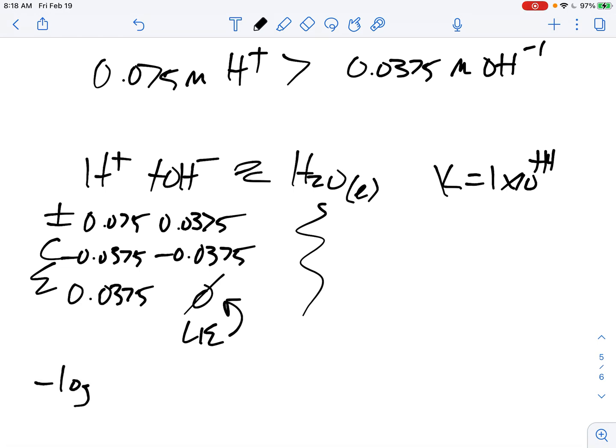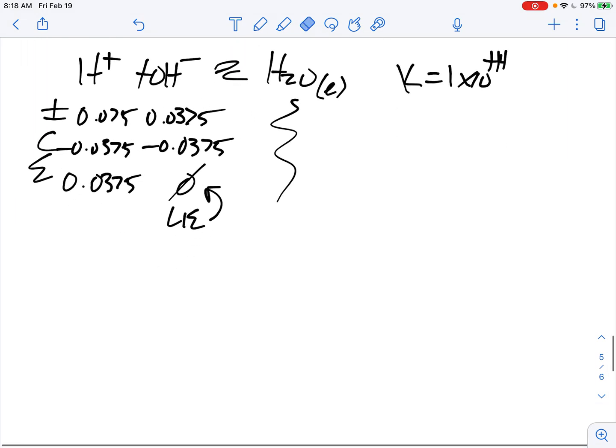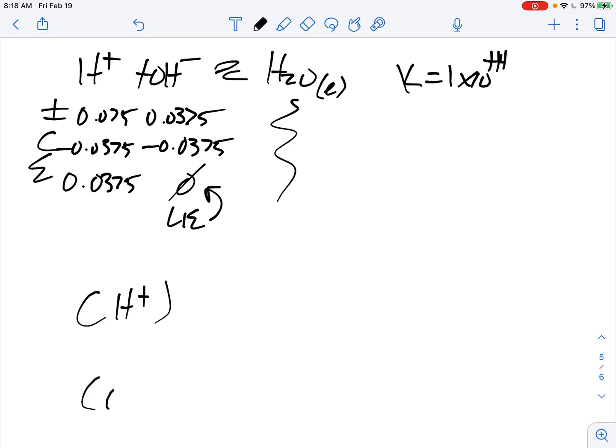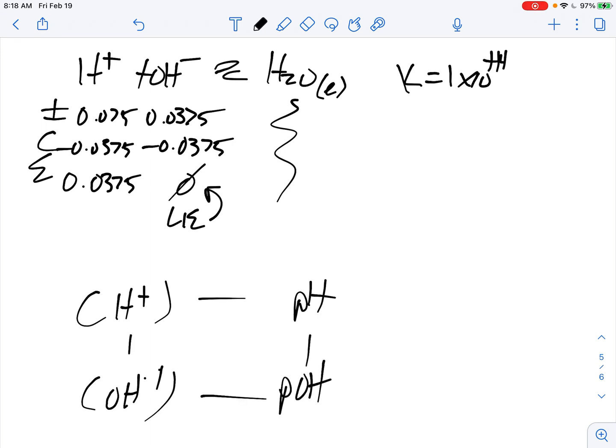If I were to take then the negative log of that number, so again, remember our pH square, we've got the H positive and we've got the OH negative, and we've got the pH and we've got the pOH, right? And all these guys are connected to each other. What you just determined here is that number here.